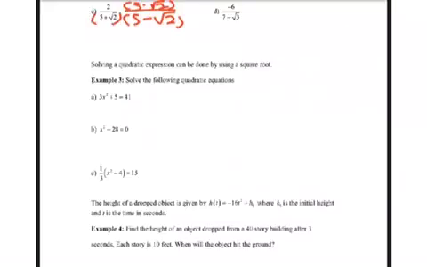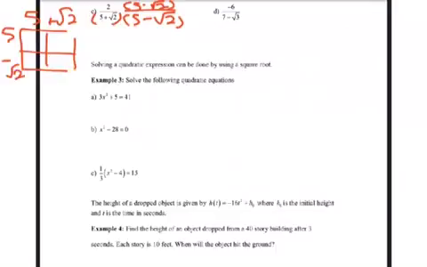So if you remember, multiplying binomials like we were doing in class, I have a 2 by 2, so I'm going to put 5 plus square root of 2 and 5 minus square root of 2. So 5 times 5 gives me 25. 5 times the square root of 2 gives me 5 square root of 2. 5 times negative square root of 2 gives me negative 5 square root of 2.